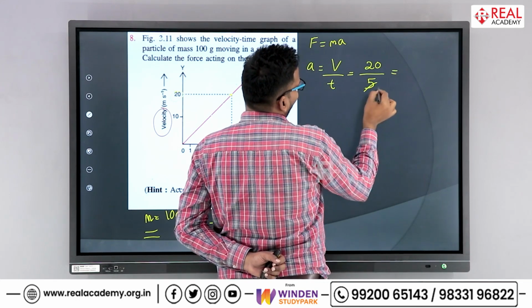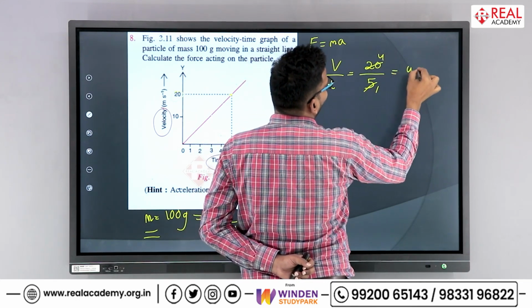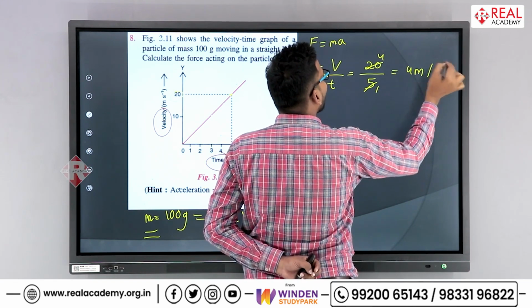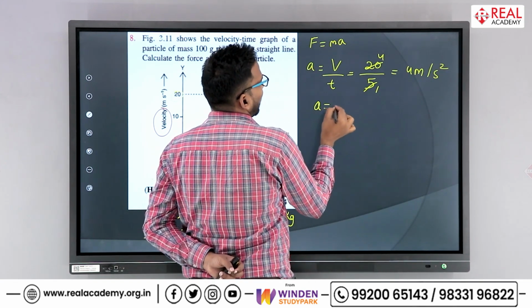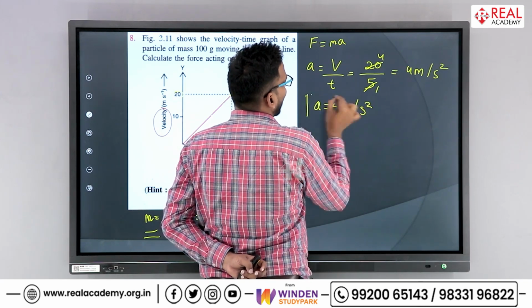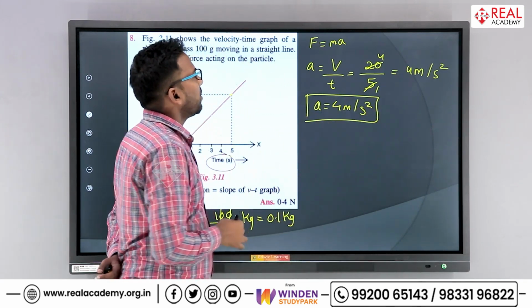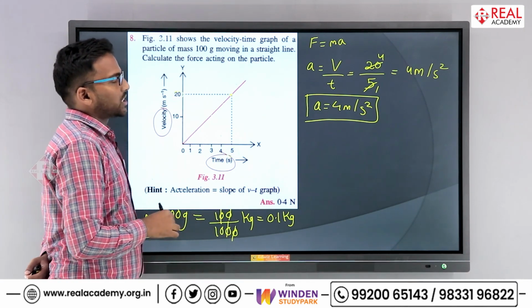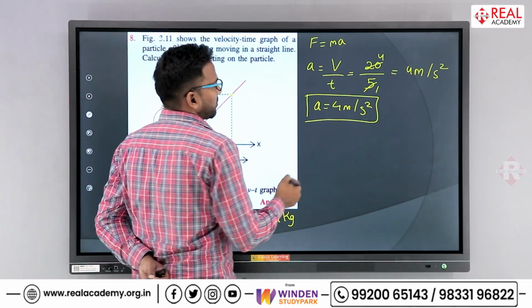How much will it be? 5 fours are 20, so that is 4 meter per second square. This is the acceleration required, 4 meter per second square.